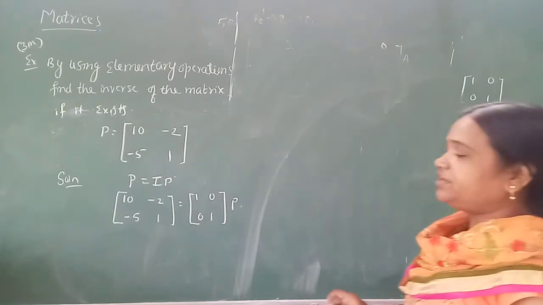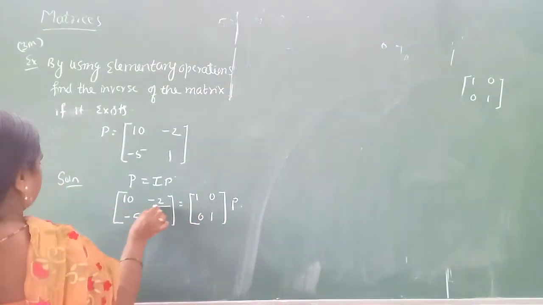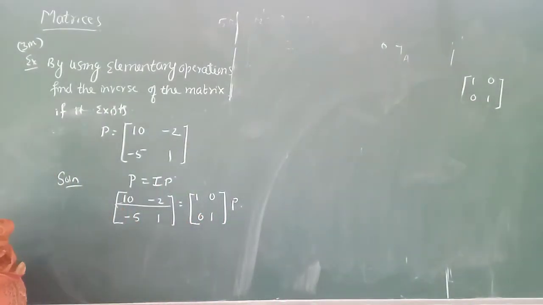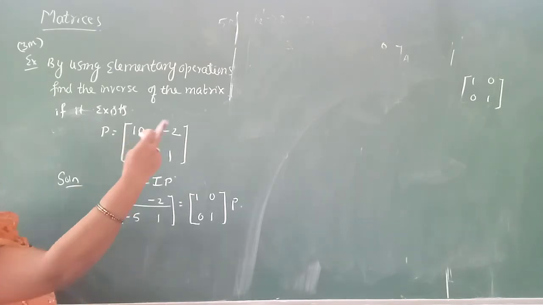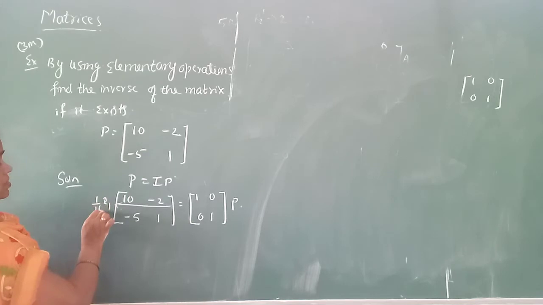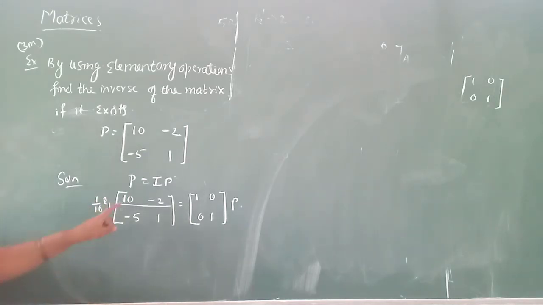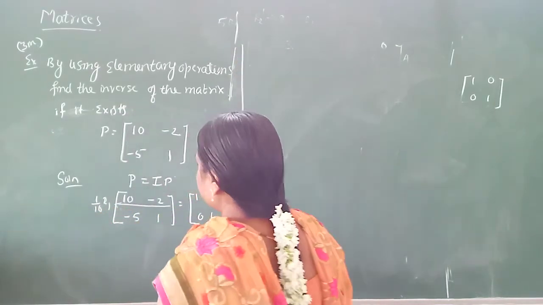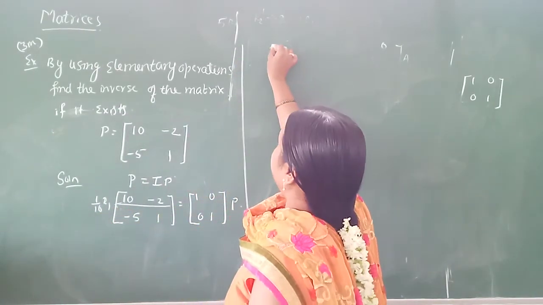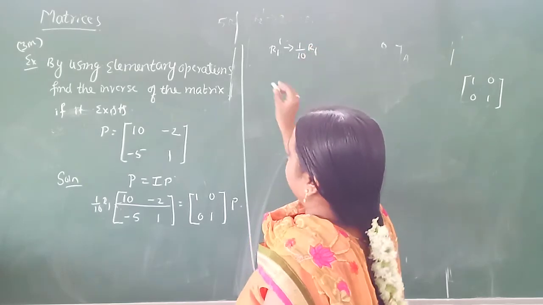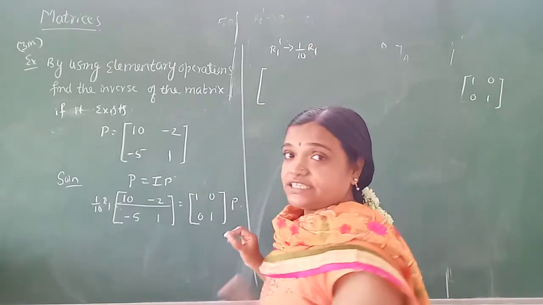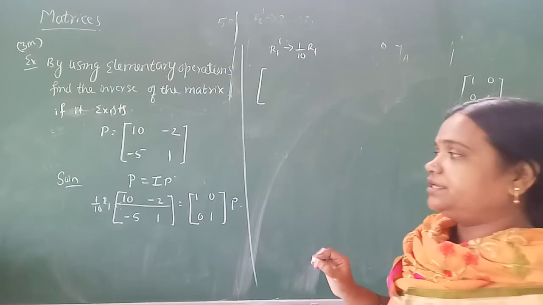For that, very first step, convert R1 to 1, means divide by 10. 10 by 10, what will we get? 1. Okay. Therefore, I will write R1 dash equals 1 by 10 R1. Only changes we have done in R1. Remember that.